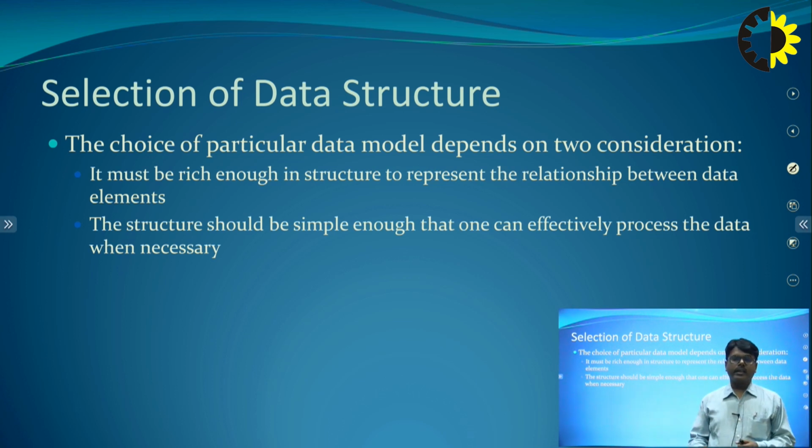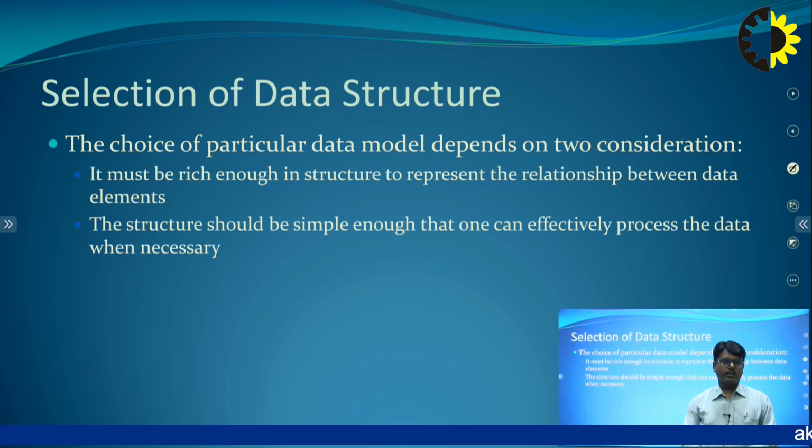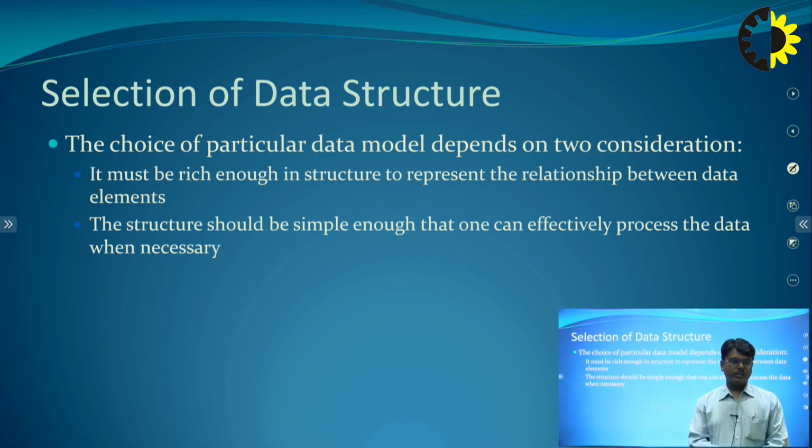Now, after understanding the data structure operations, what kind of operation we have to perform on the data structure, here comes what we studied in the last presentation. I will be elaborating more on the data structure in this part, called selection of data structure.